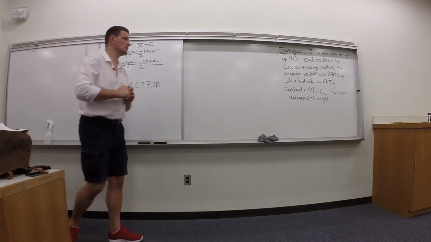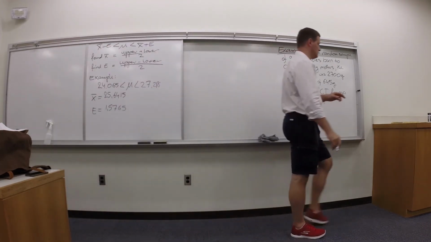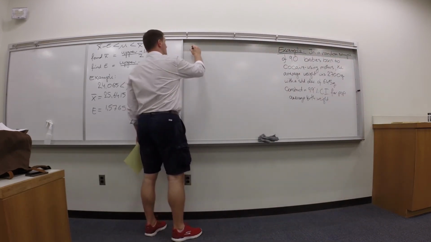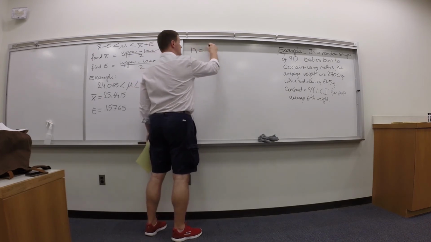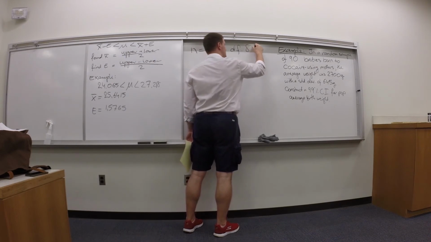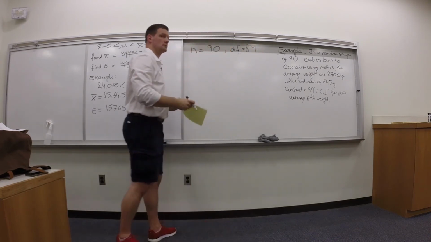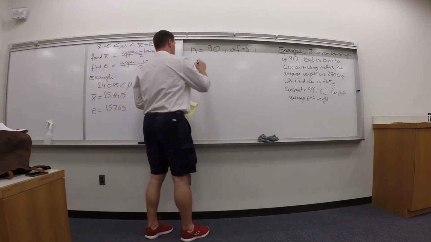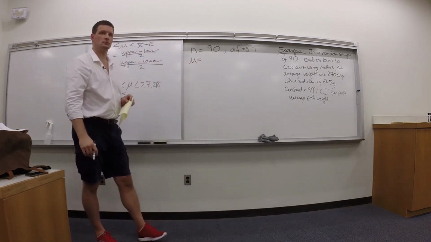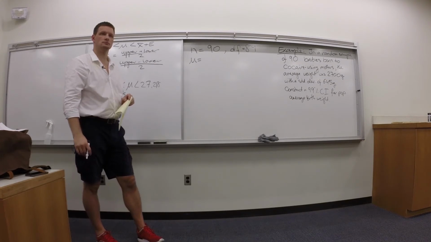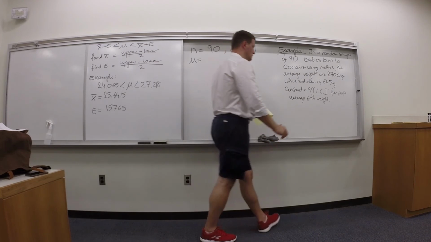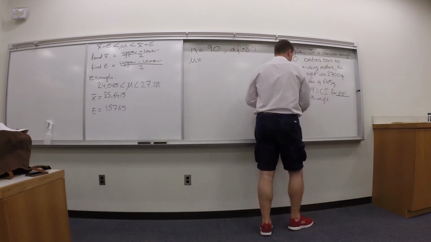So how do we do it? Well, we start listing things out. I'm going to use my cheat sheet so I don't make a mistake. All right, so we have n at 90, which gives us degrees of freedom, 89 of them. Do we have a mu? No. Here, average weight was population average.